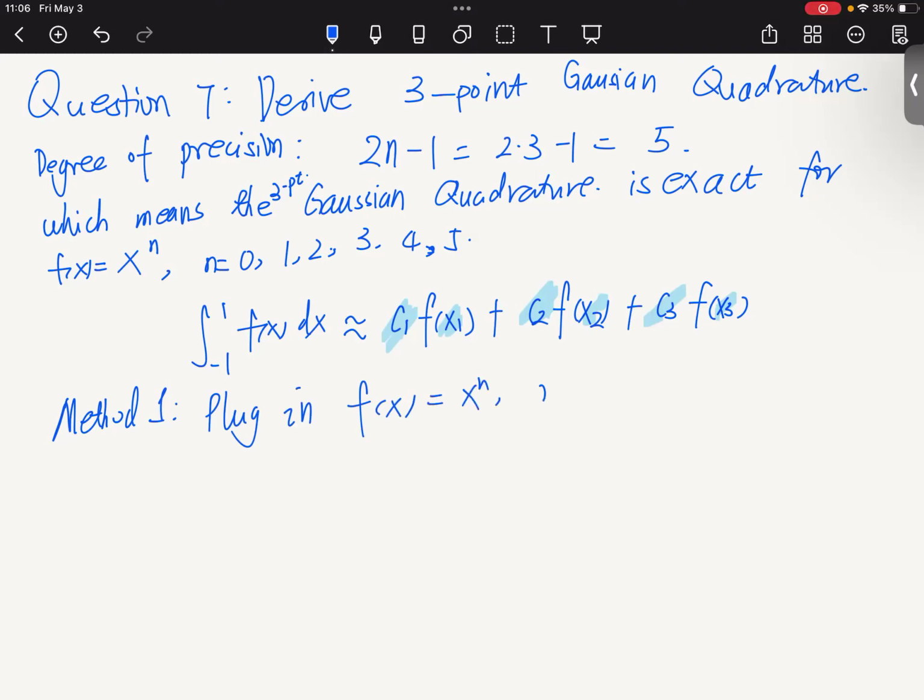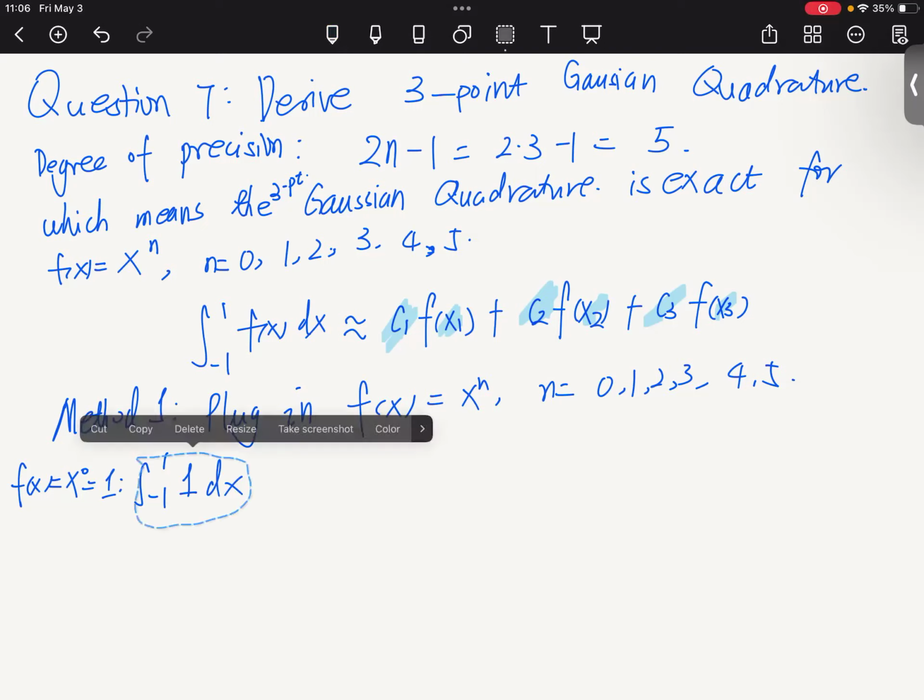For example, the first one is x to the order 0, and you would get the integral from -1 to 1 of 1, which equals 2. This is the first thing you have in method 1, and on the left hand side you get the integration equal to 2.